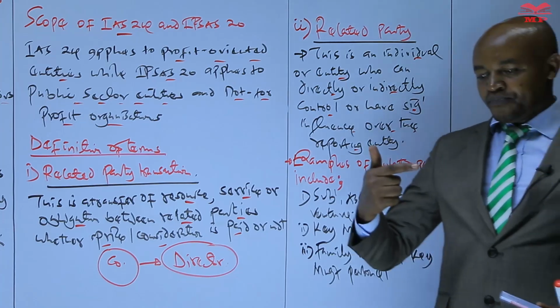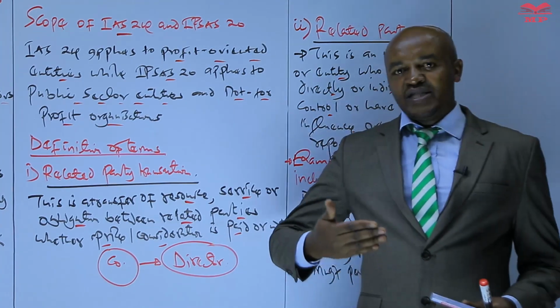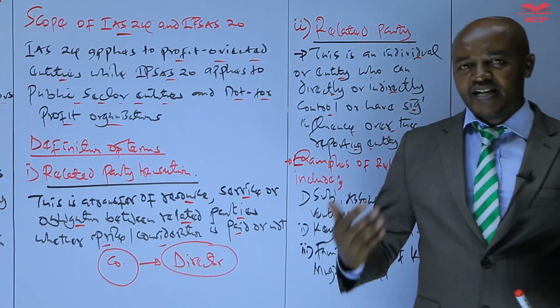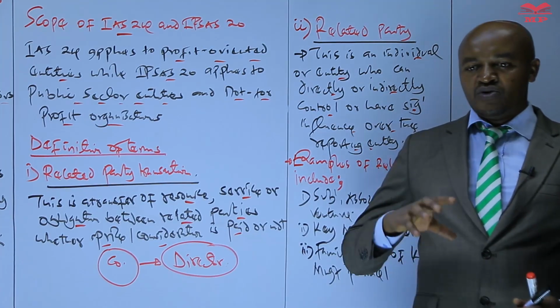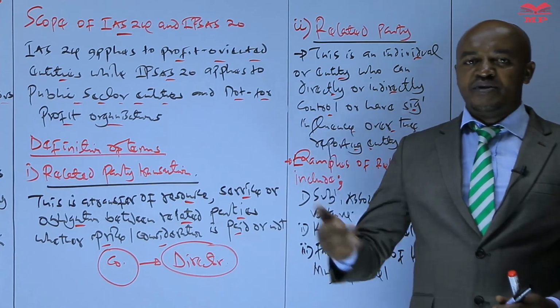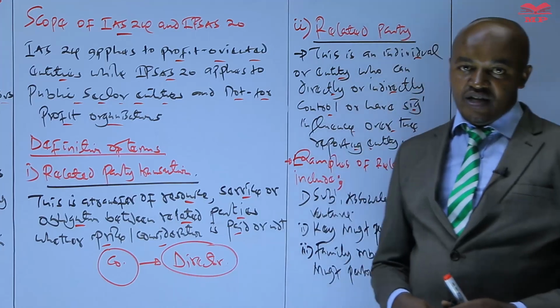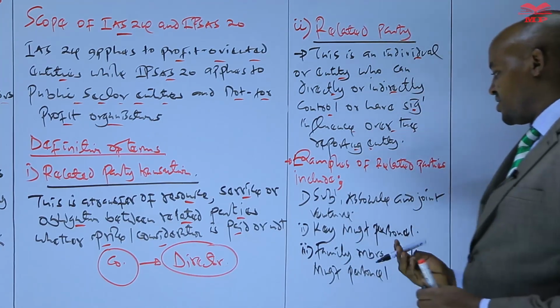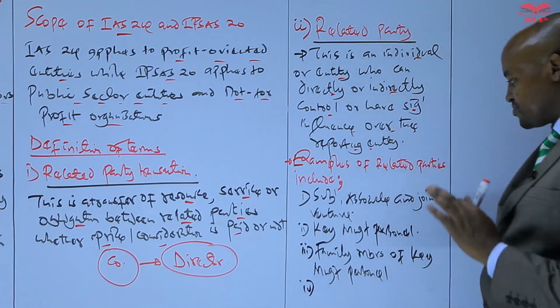For example, the wife of a director is a related party, since that person can influence the decisions which will be made in an organization. So that is another example of a related party.